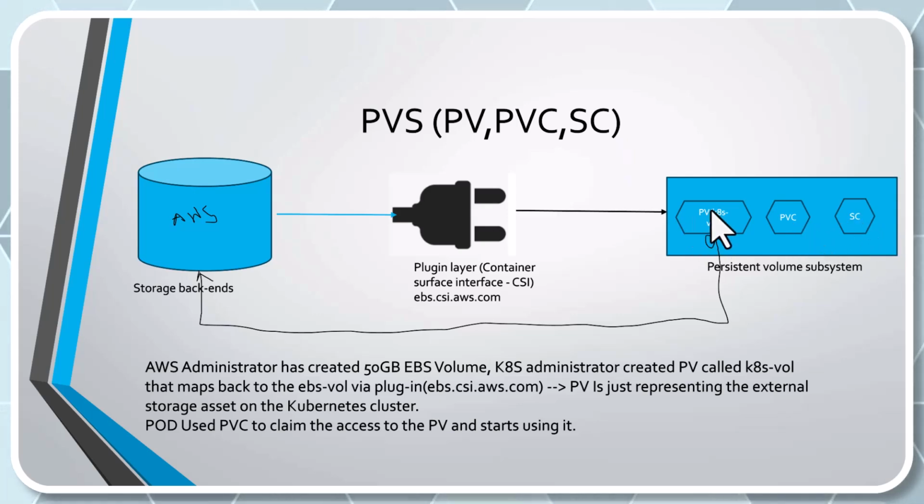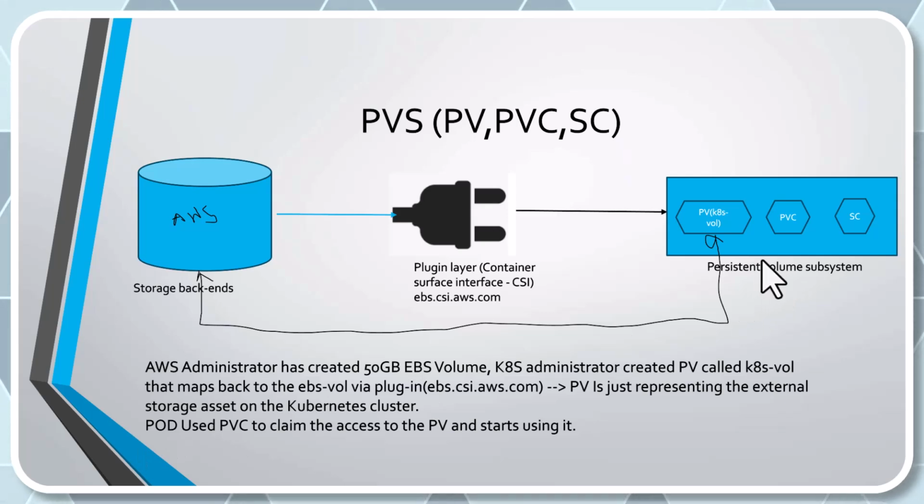A persistent volume is just representing the external storage assets. We have nothing to do with the persistent volume when we are working on practical things. PV just represents the external storage, such as AWS. Now we only deal with the PVC and SC.